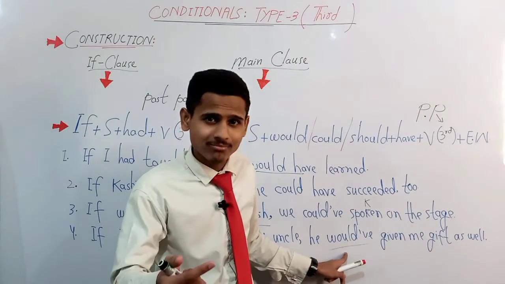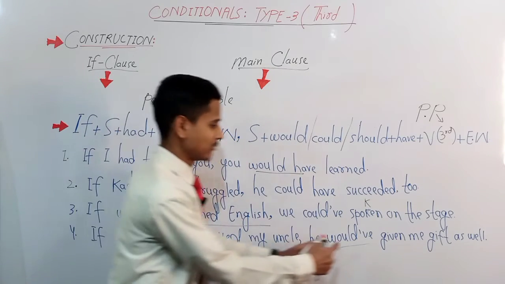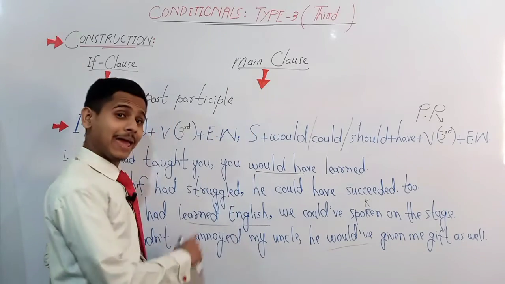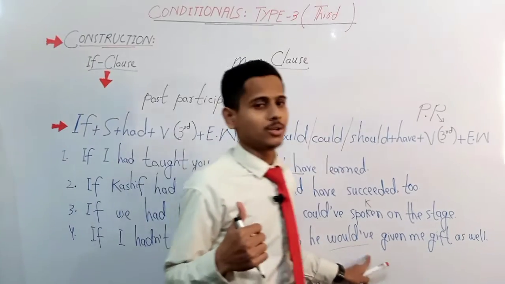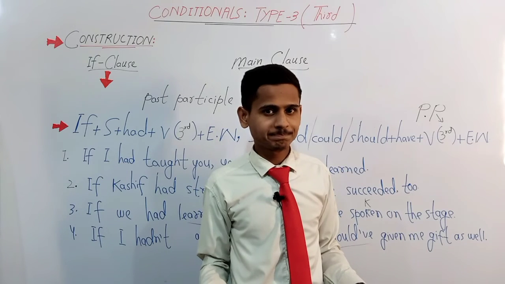If I hadn't annoyed him, then I would have received a gift. But I had annoyed him, so I didn't receive any gift from my uncle.